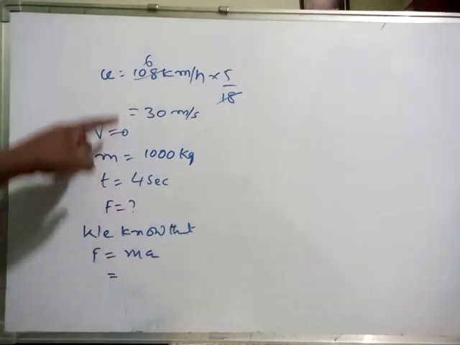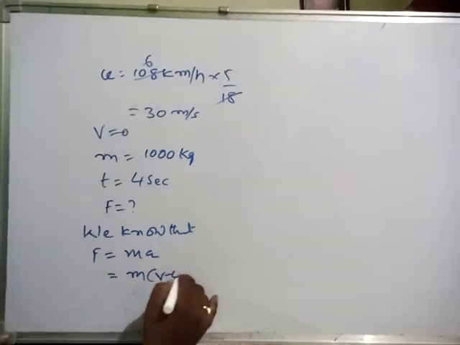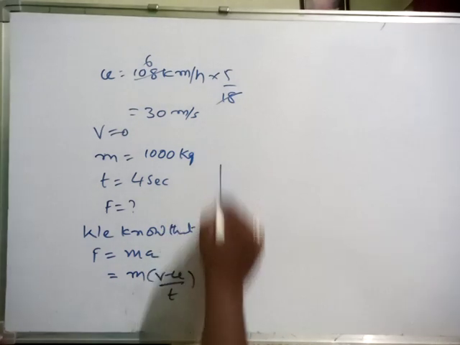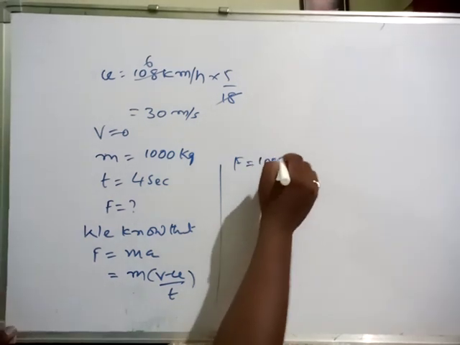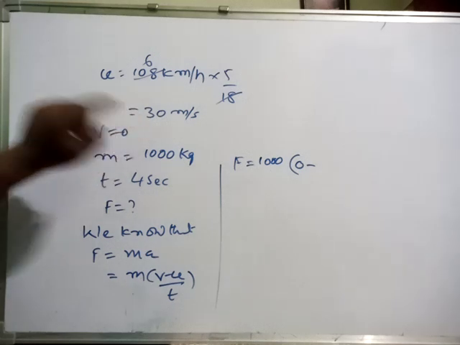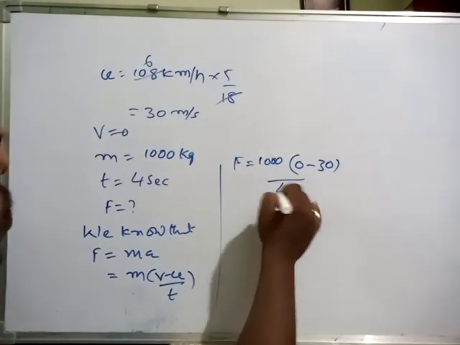Here acceleration is not given directly, so we have to use (v minus u) by t. Okay, now F is equal to mass, 1000 kg, into (v minus u). V minus u means here 30, time is 4 seconds.